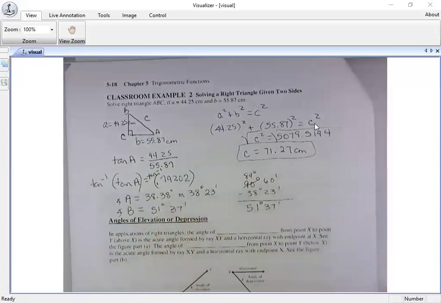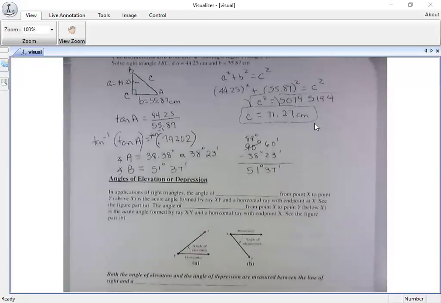Make sense? Okay. Now, let's talk a little bit about angles of elevation or depression. Angles of elevation and depression are useful. You know how I mentioned a minute ago, if you were a surveyor, and you've probably seen them on the side of the road, where they have their little cameras set up, they're really using trig most of the time to find distances on things.